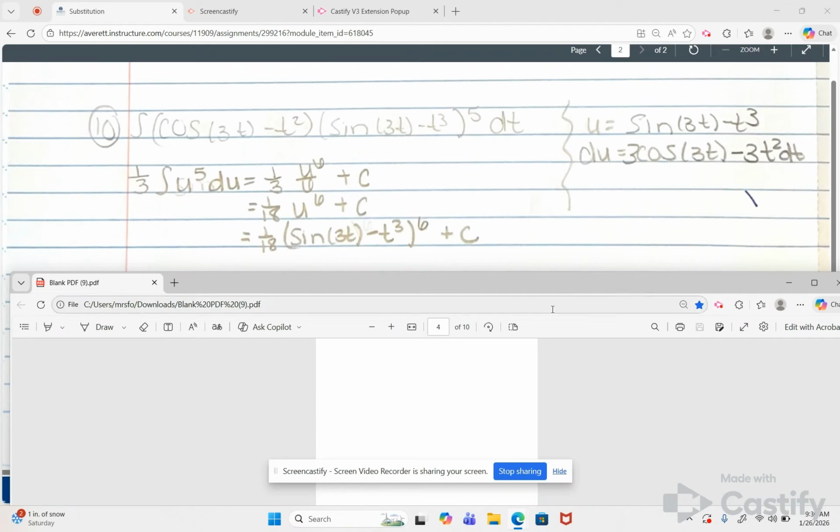Now, like I said, you could have had your sine 3t minus t cubed all to the 6th power divided by 18, and then the plus C on the outside. I was feeling like pulling my 1/18 out, and that's fine. The algebra of this is not what I'm concerned about. I'm more concerned about taking the antiderivative, being able to pull out your u, determine your du, do the manipulation, like we did here, pulling out the 1/3.